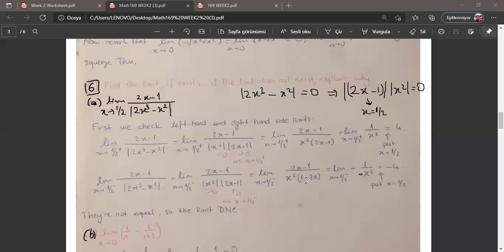If we simplify, we get minus 1 over x squared. Again, we plug 1 over 2 there, so we get minus 4. As you see, we get different values, so the limit does not exist.